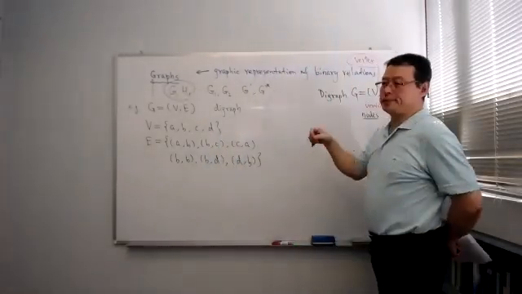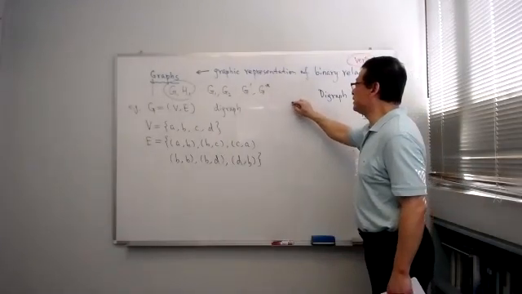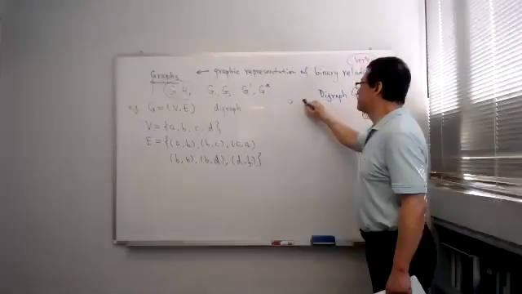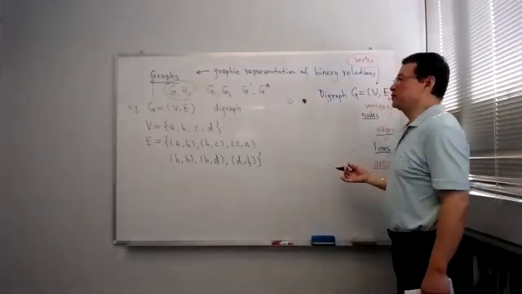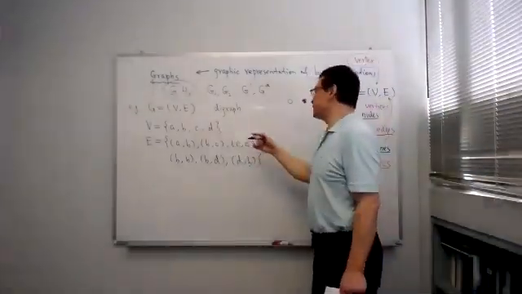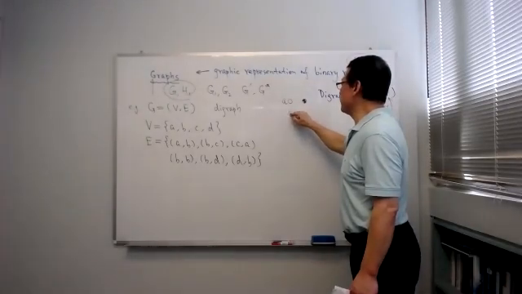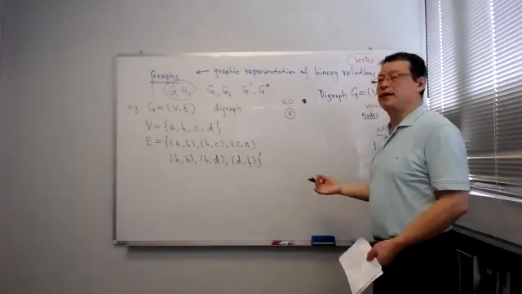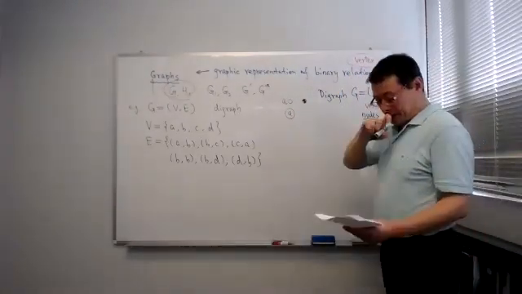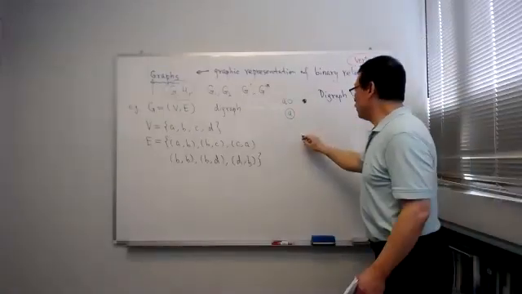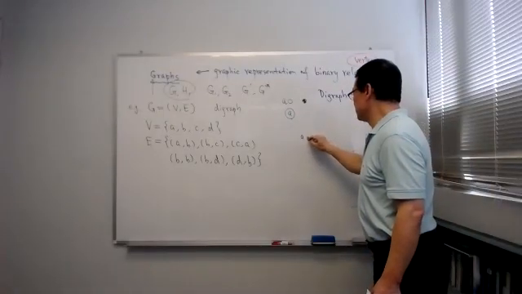Typically we use a small circle, either empty or filled, it doesn't matter, to represent a vertex. And sometimes we even label it, say A in this way or A in this way, depending.